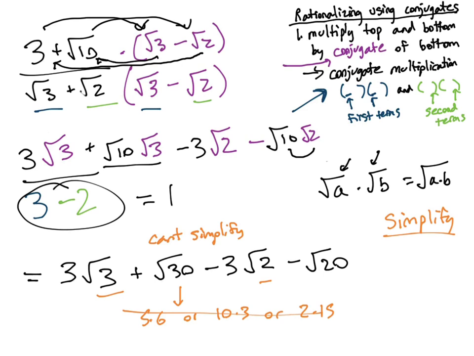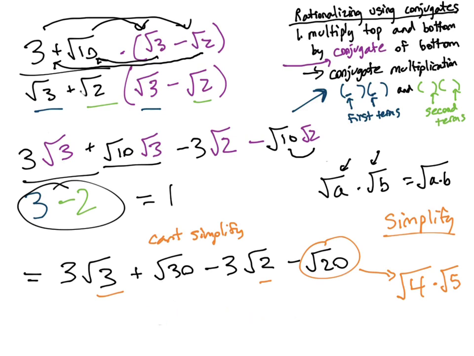Let's take a look at the square root of 20. There is a factor of 20 that's a perfect square, 4, which is just 2 times 2. So we can separate square root of 20 into square root of 4 times square root of 5. And then we can take the square root of 4, that's just 2.